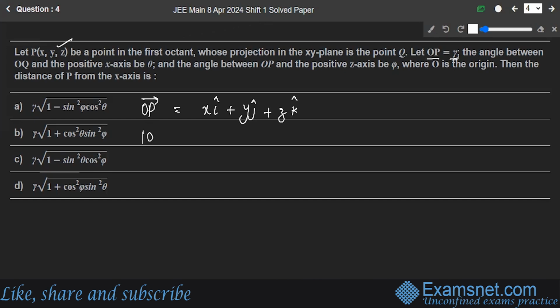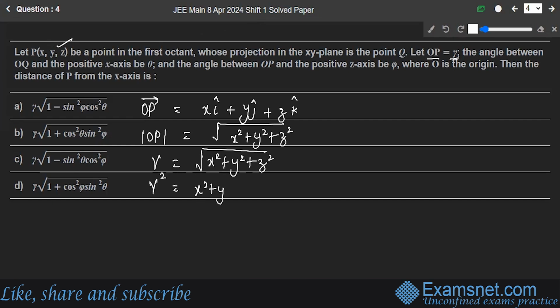So the magnitude of it will be given by the root of this, right? This is equal to gamma. From here you get gamma square is equal to x square plus y square plus z square.